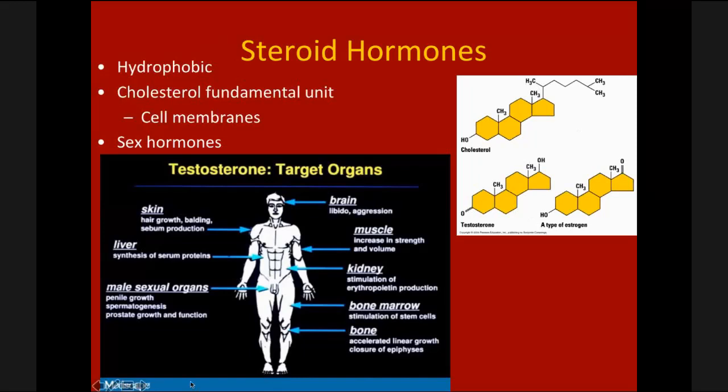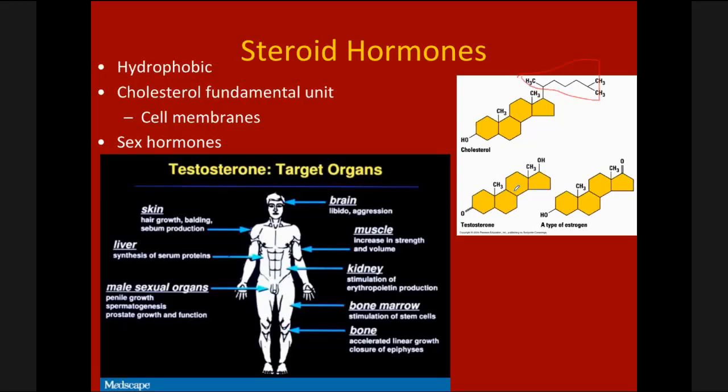So notice at the top, this functional group, and then half the time this functional group is different. Ooh, so I can turn a cholesterol molecule into a steroid hormone just by clipping off and swapping out one functional group. Functional groups are really important for changing the properties of a molecule.